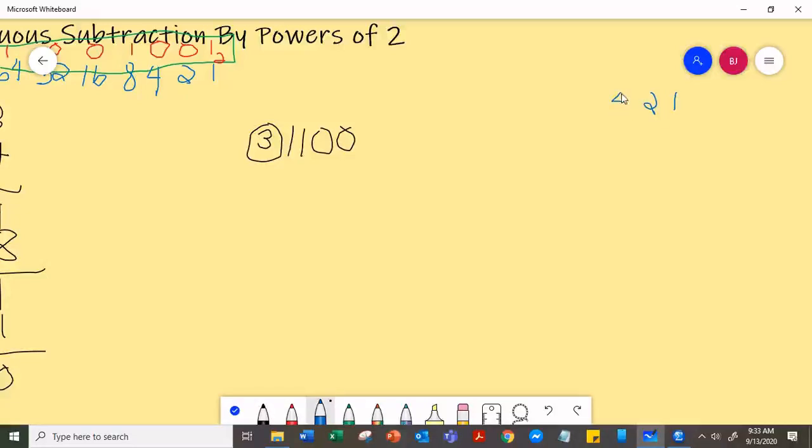So 1, 2, 4, 8, 16, 32, 64, 128, 256, 512, 1024, and 2048.